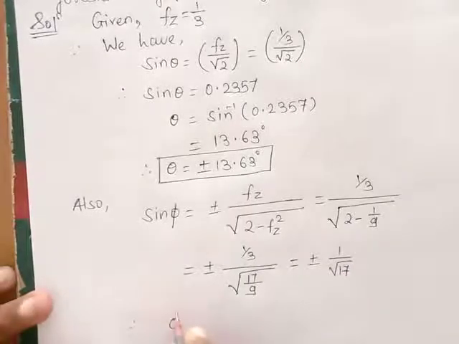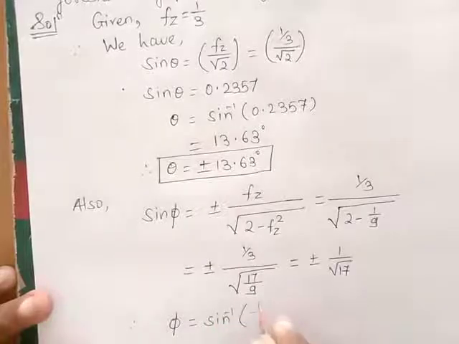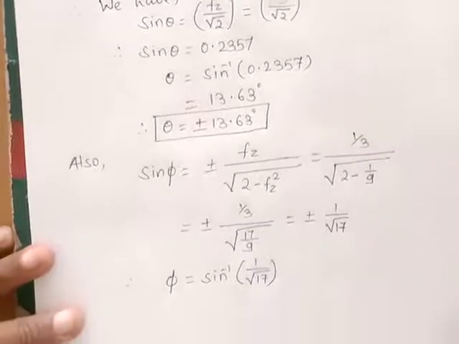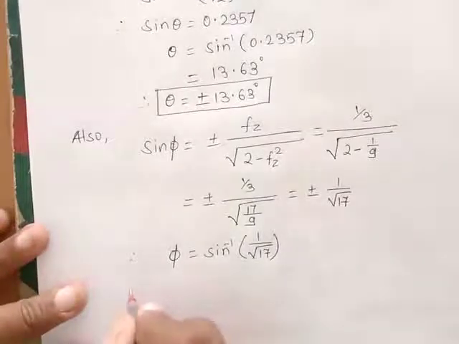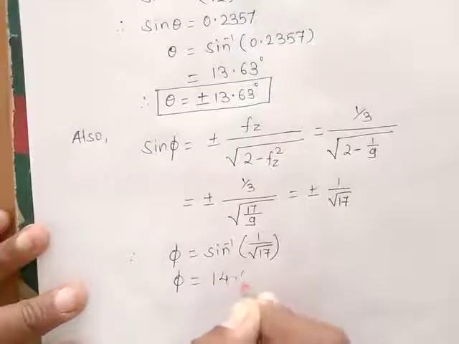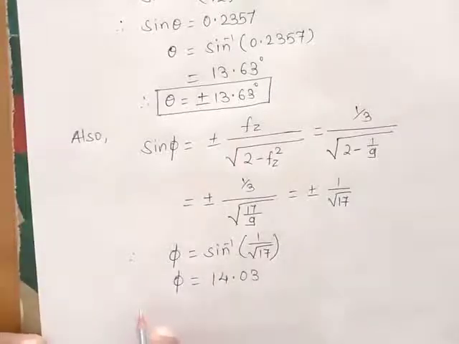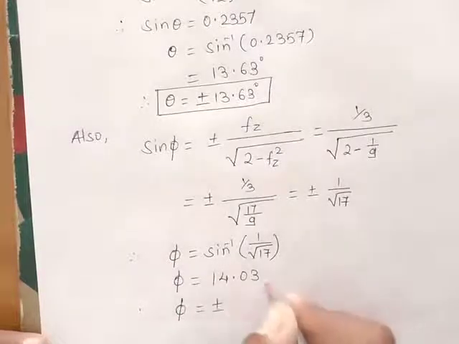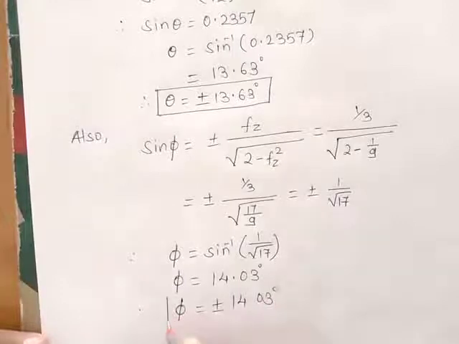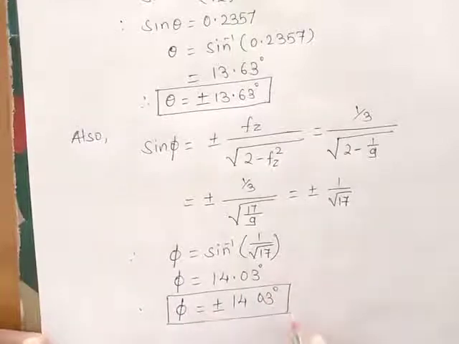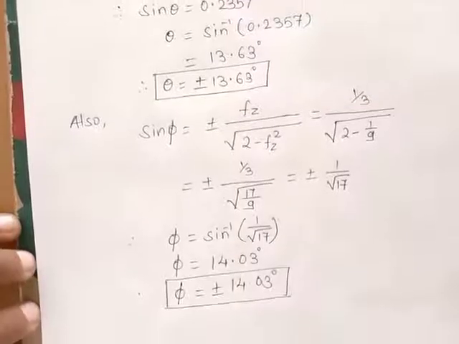Therefore phi equals sin inverse of 1 upon root 17. And that value is what? Phi equals 14.03. Therefore phi is plus minus 14.03 degrees. This is the angle phi, right?